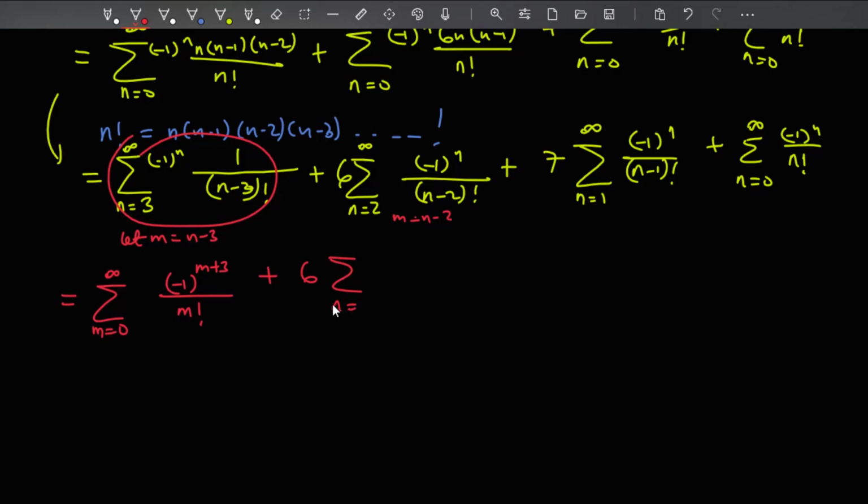So this is m equals 0 to infinity of negative 1 to the power m plus 2.